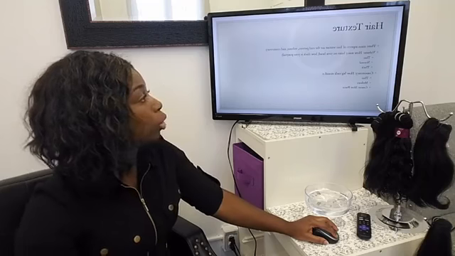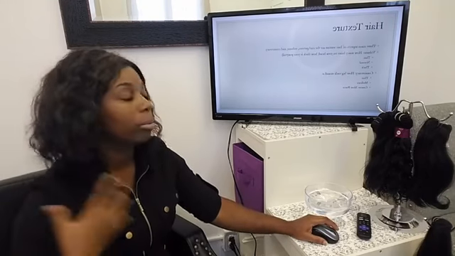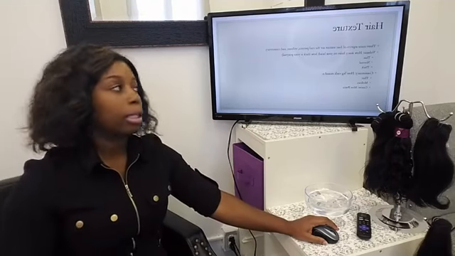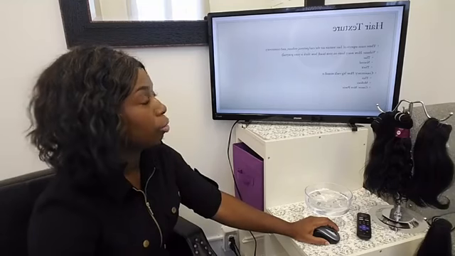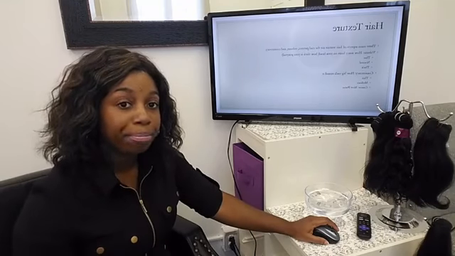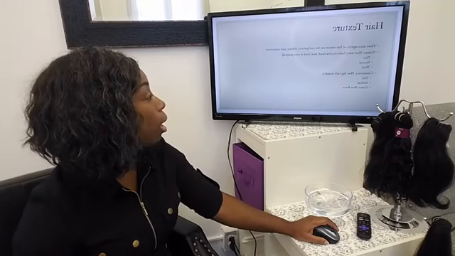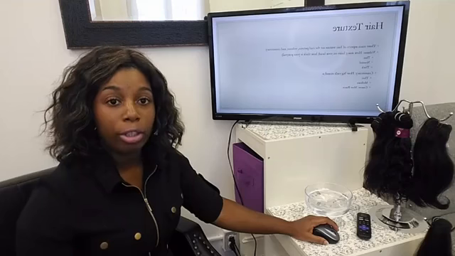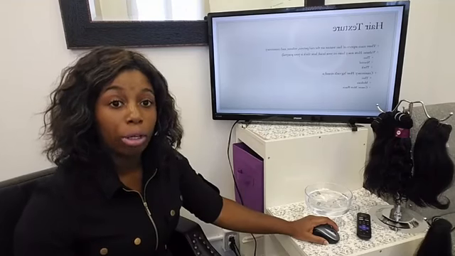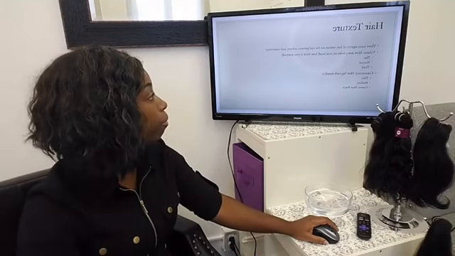Okay, so hair texture. A lot of people talk about hair texture. What is my hair texture? So let's talk a little bit about that. We have three aspects of hair texture. We have your curl pattern, which we kind of touched on a little bit last week. The volume of the hair, which is how much or how many hairs you have on your head, and the consistency of that.